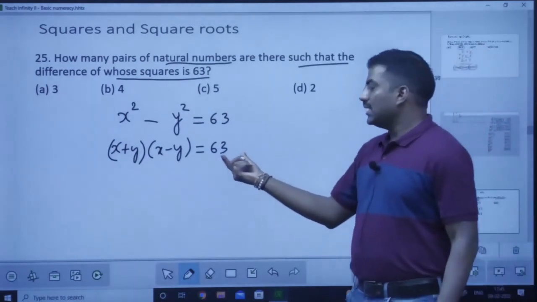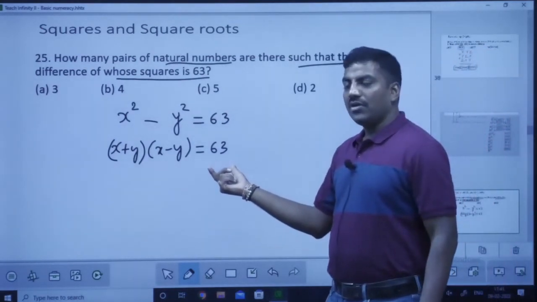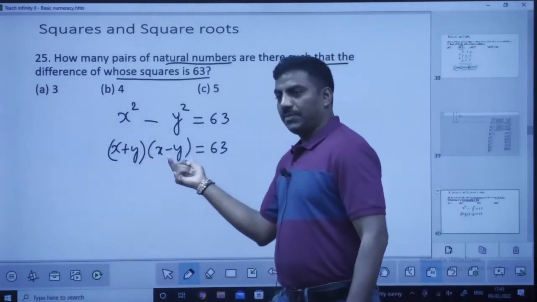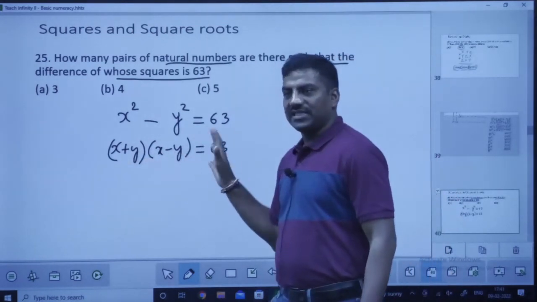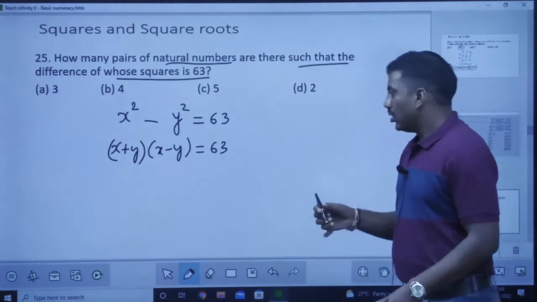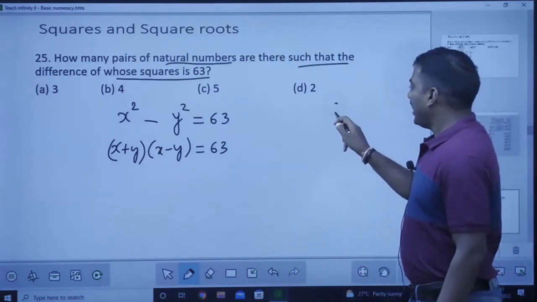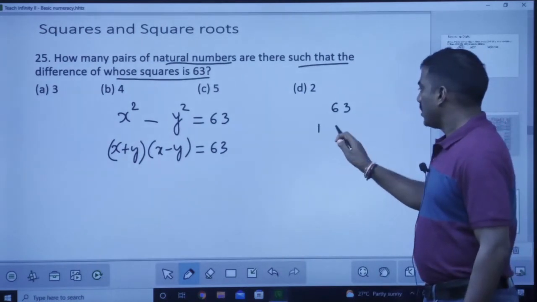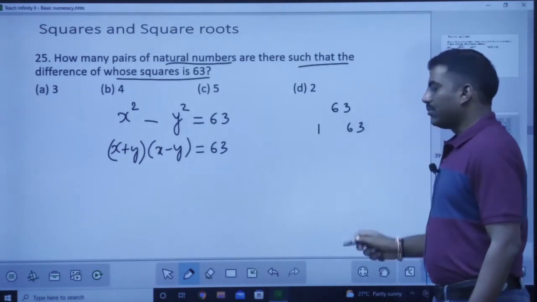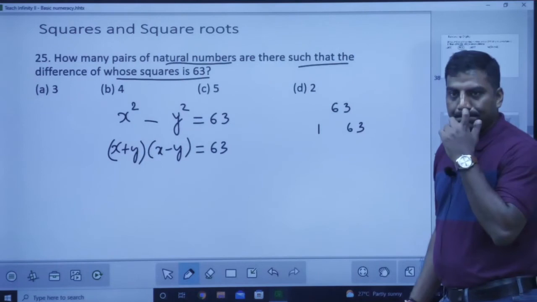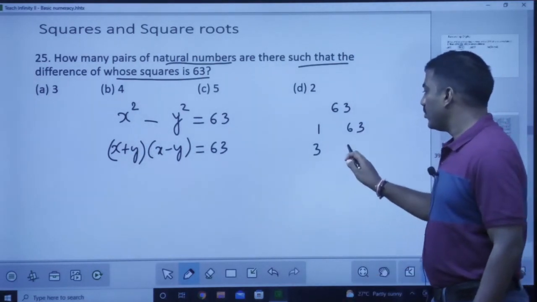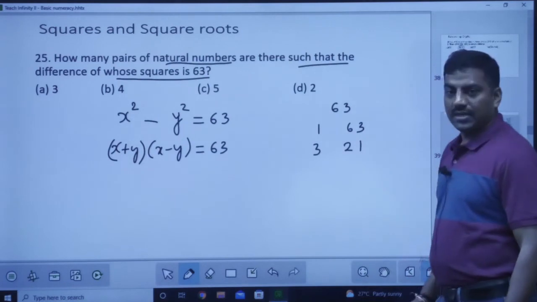Basically, 63 is a number. We have to find its factors and they have to be multiplied to get this 63. And I have told you the practice of finding the factors. 63 can be written as 1 into 63, 3 into 21.